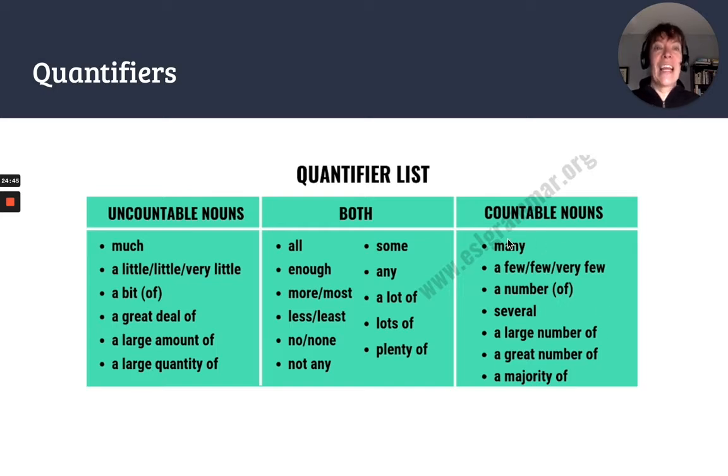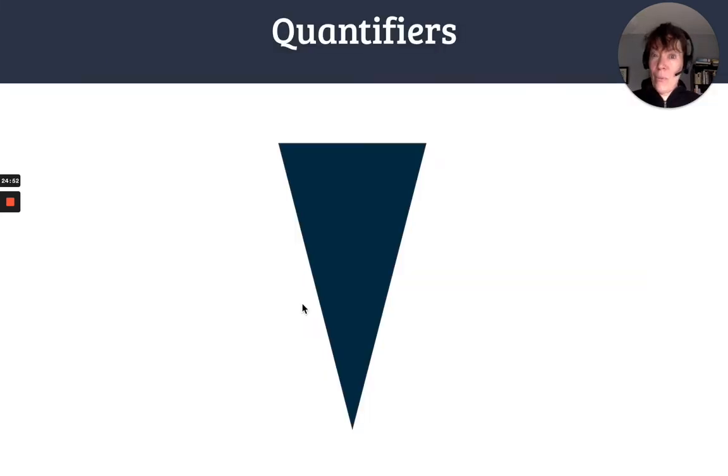Countable nouns take these. And some quantifiers can go with both. So, let's look at this. If we think about them as telling you how many or how much, then you have the choice between all or none, right? All means a lot, none means zero.